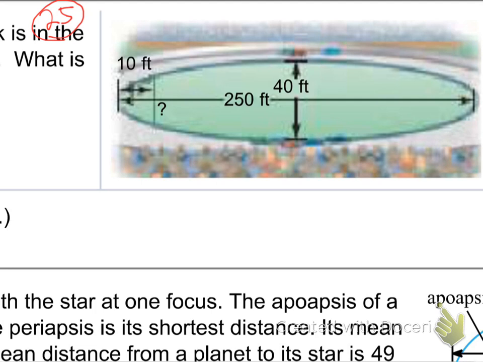It's 250 feet across, 40 feet up and down. Let's see if you can write the equation for that ellipse.